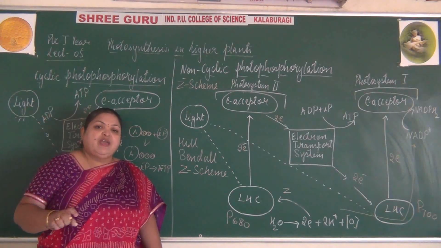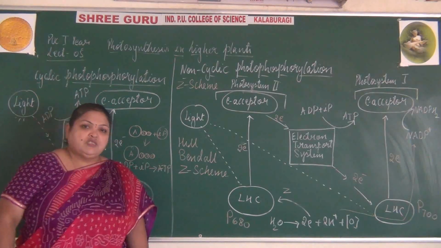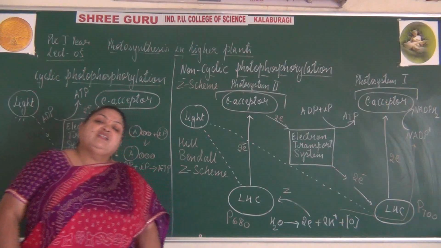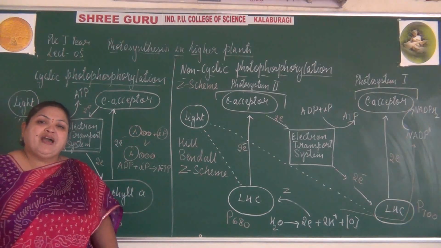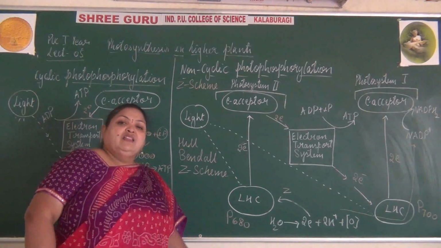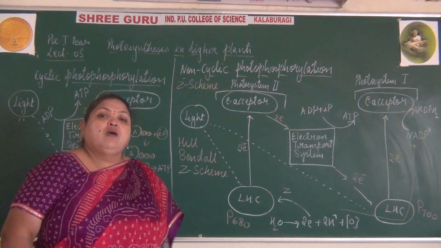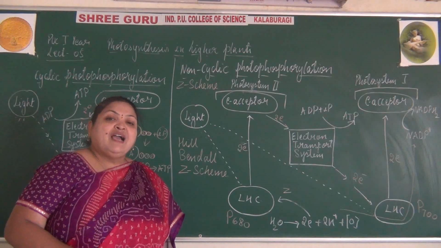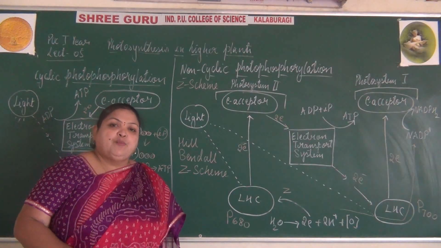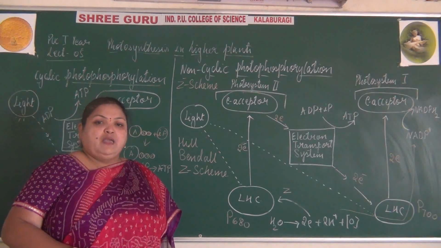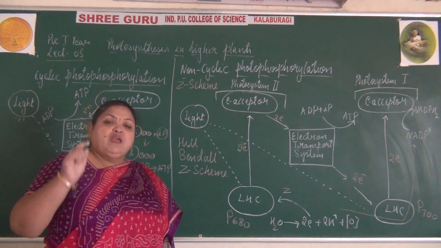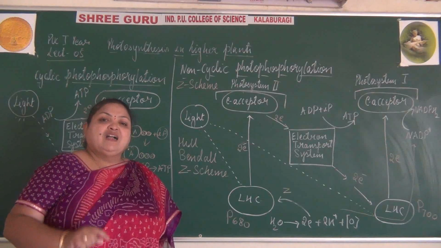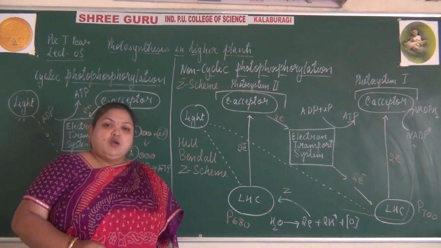In the light reaction we have studied that photosynthetic pigments, with the help of the ATP synthetase molecule, release electrons, and these electrons are utilized for the synthesis of the energy components ATP and NADPH2, which are used in the dark reaction that occurs in the stroma of the chloroplast.